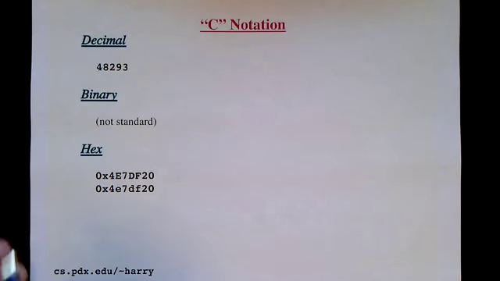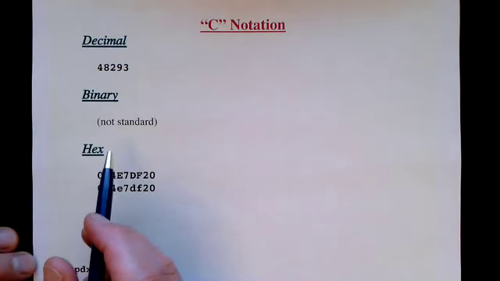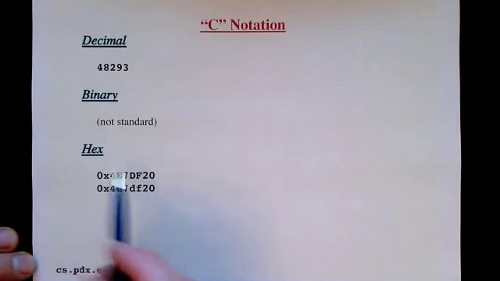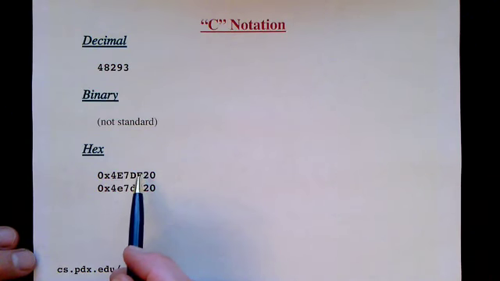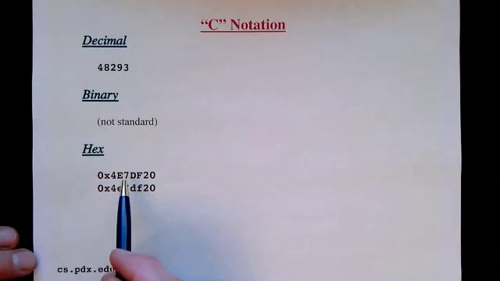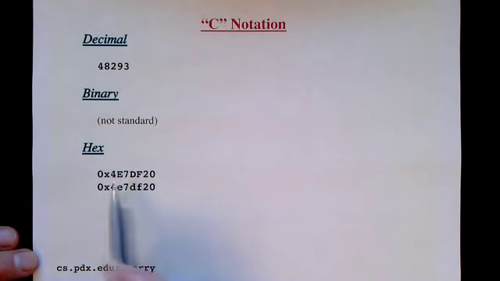Numbers are represented in programs, and in the C programming language, we have this standard for representing hex numbers. This standard is also used in other programming languages, so if you don't know or care about the C programming language, you still might be interested in knowing how hex numbers are represented, because this is a universal standard that applies to many different languages.